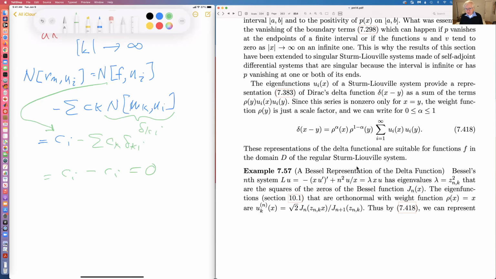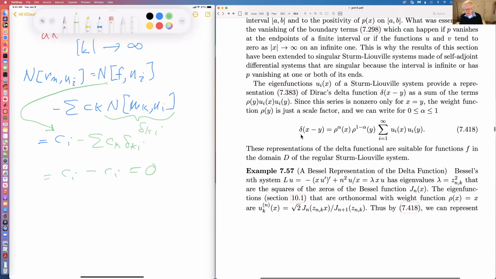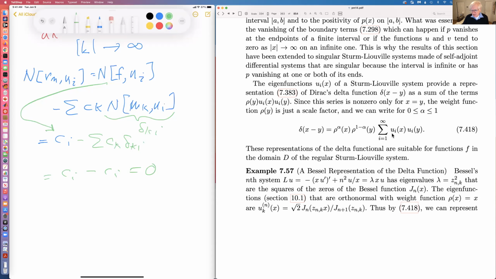What these eigenfunctions can do is give us a formula for Dirac's delta function. And the formula involves the weight function.